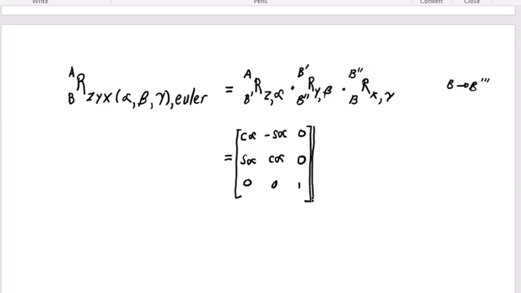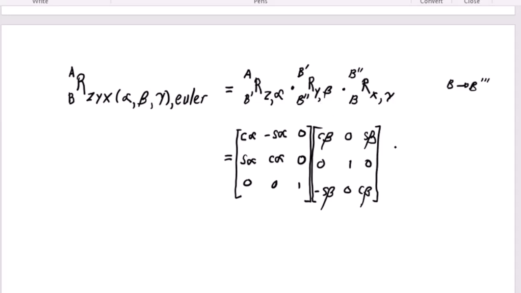Then multiply that with the next rotation matrix. This is y beta. So this is cosine beta, 0, sine beta, and this is 0, 1, 0, negative sine beta, 0, cosine beta.